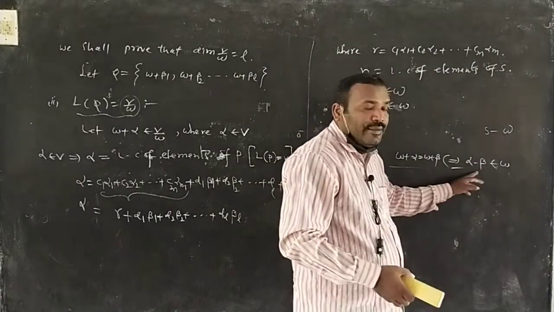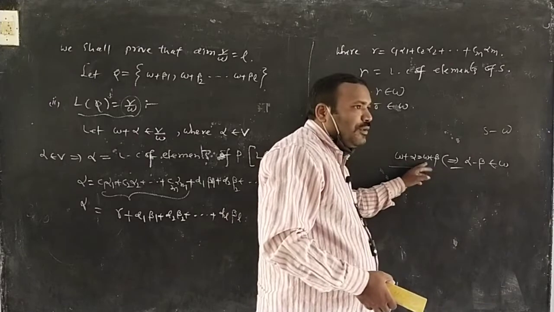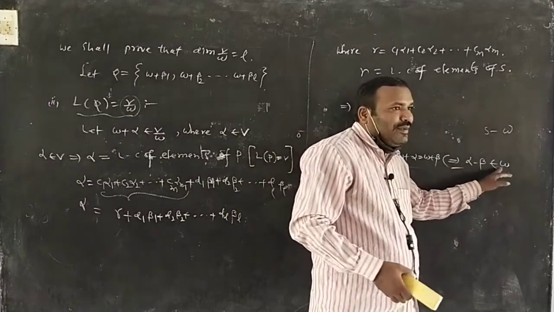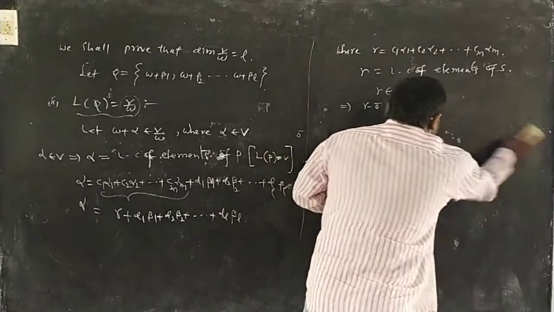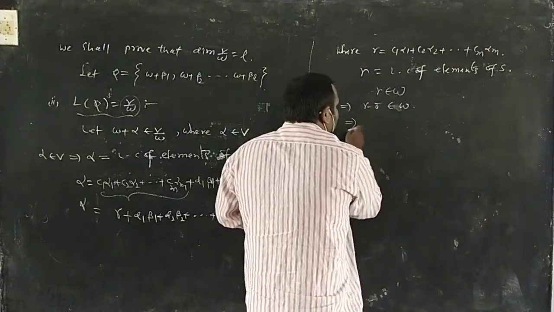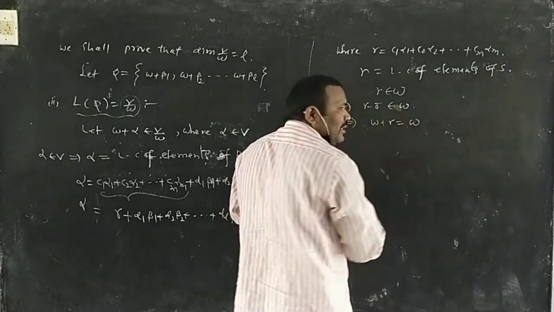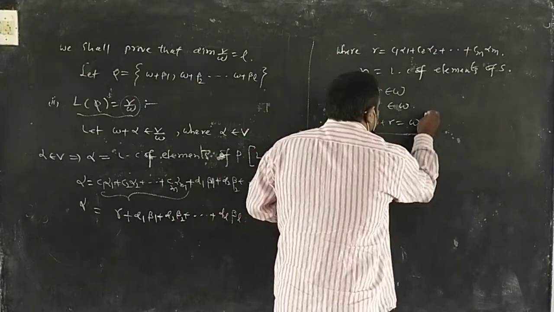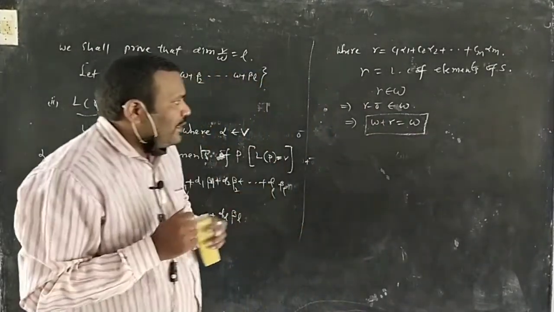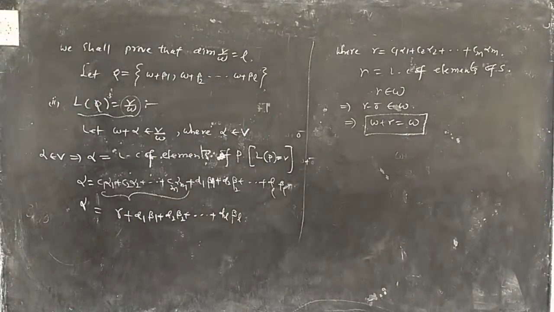If two cosets are equal, you can write alpha minus beta belongs to W. Understand? Okay, so you can write W plus gamma equal to W minus 0 bar, and W minus 0 bar is W. So this is very important. W plus gamma equal to W.